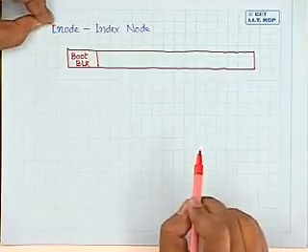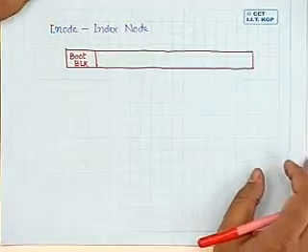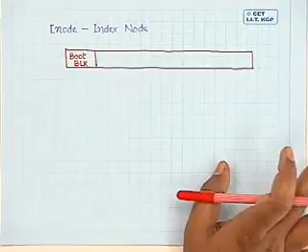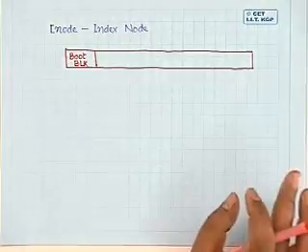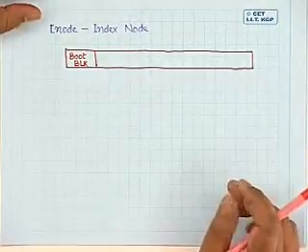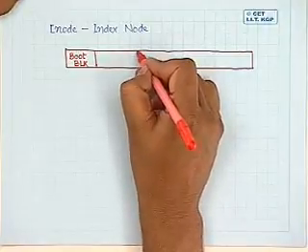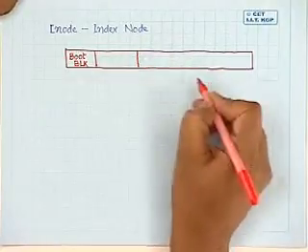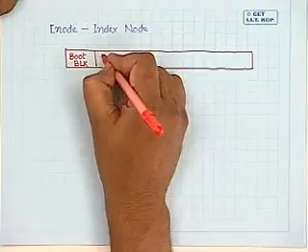This boot block usually contains the boot volume, that is, a part of the operating system which is loaded in the main memory when the system is booted. Then next, we have another block, one or more blocks, which are called super blocks.